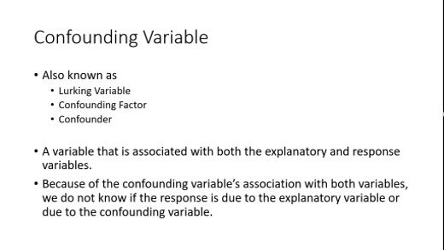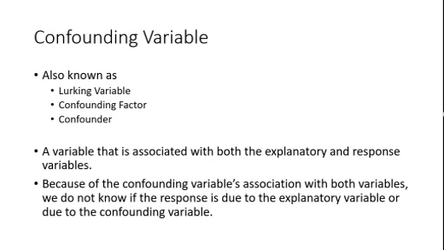All right, confounding variables. Confounding variables have a few other names: the lurking variable, confounding factor, or confounder, if you want to call it that. Basically, it's a variable that has an association with both the explanatory and the response variables that we are looking at. So in this case, sunscreen use and skin cancer.